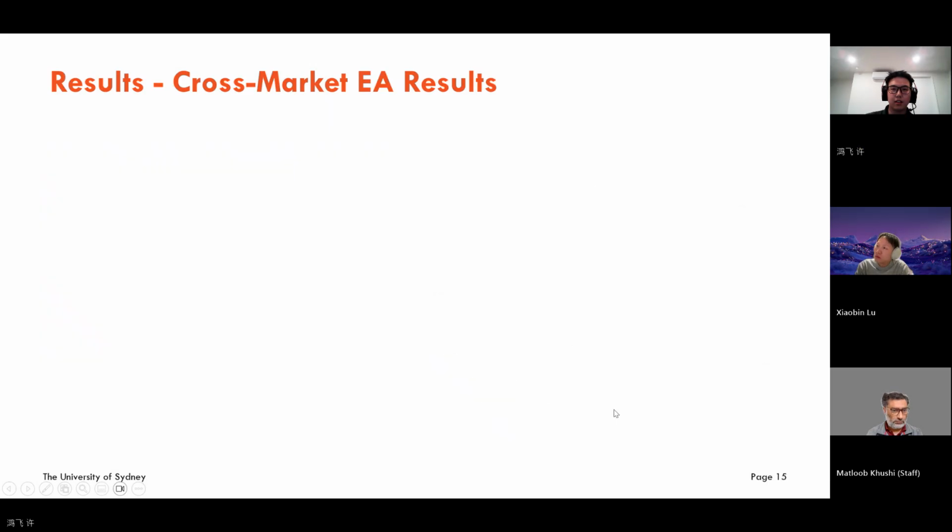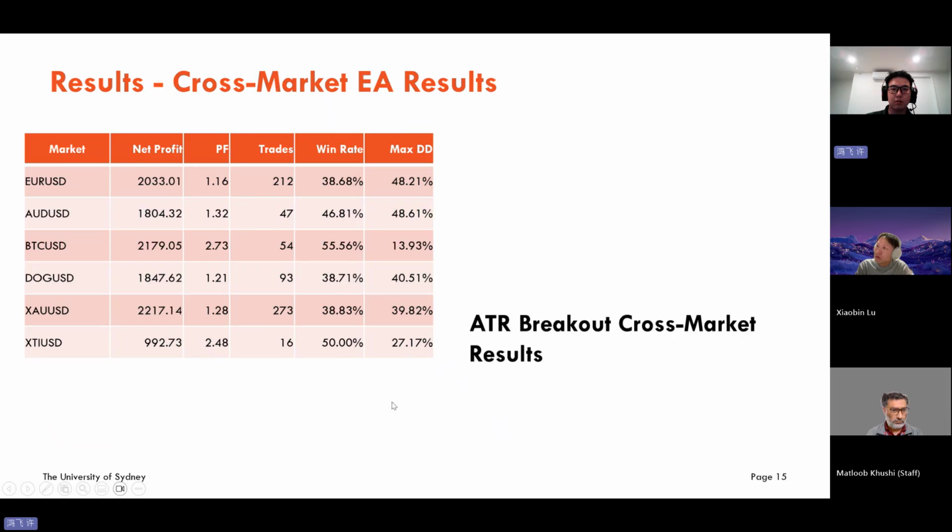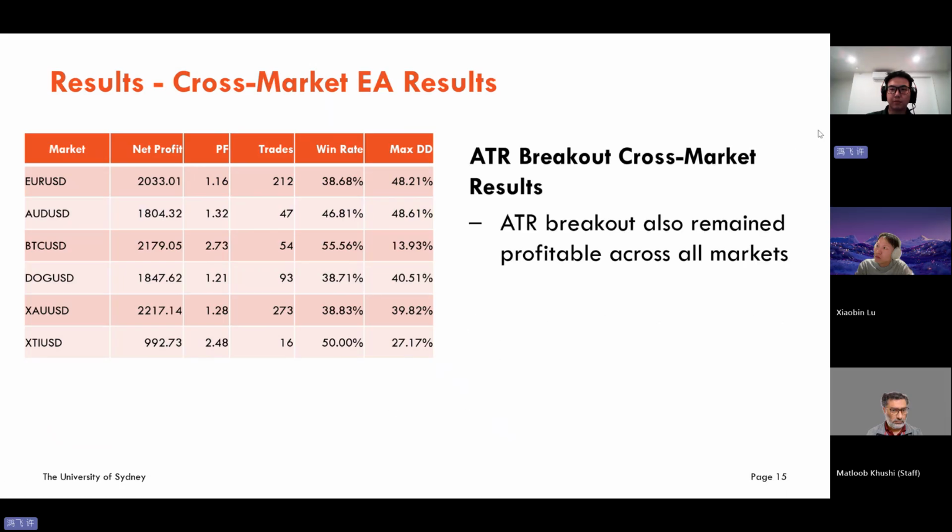Okay, so this is the result for another one, the ATR breakout. Also it remains profitable. Everyone is profitable, at least 50% annually. By the way, the test is all from the beginning of 2024 to the end of 2025, so the backtest is a two year time frame, and these profits are all based on 2 years.